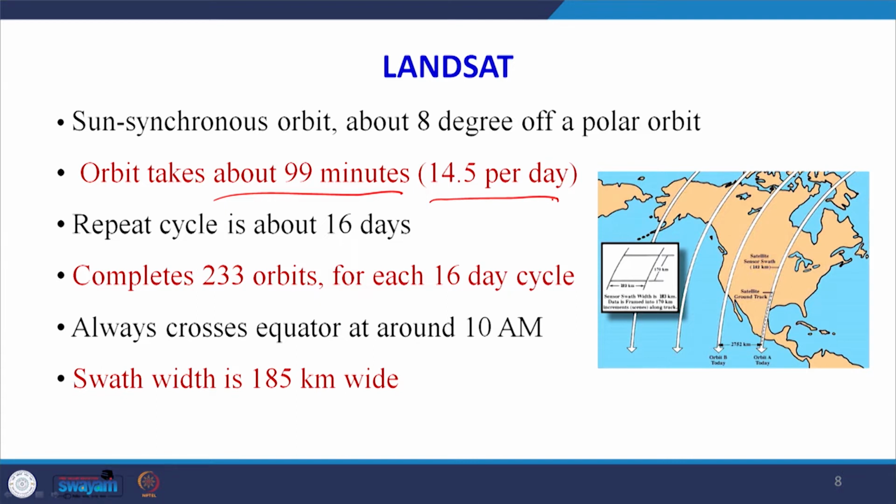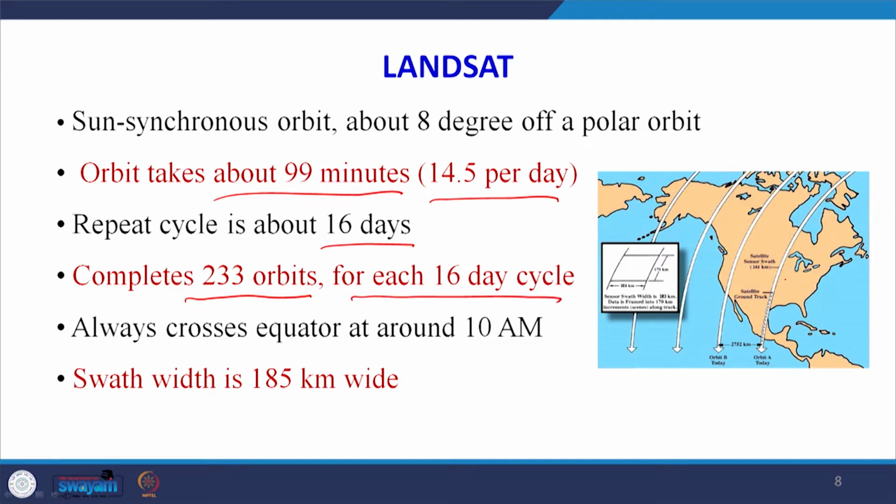The repeat cycle was 16 days. It means that every 16 days the whole earth is covered, and on the 17th day we get the image of the same area as we got on the first day. It completes 233 orbits in each 16-day cycle.